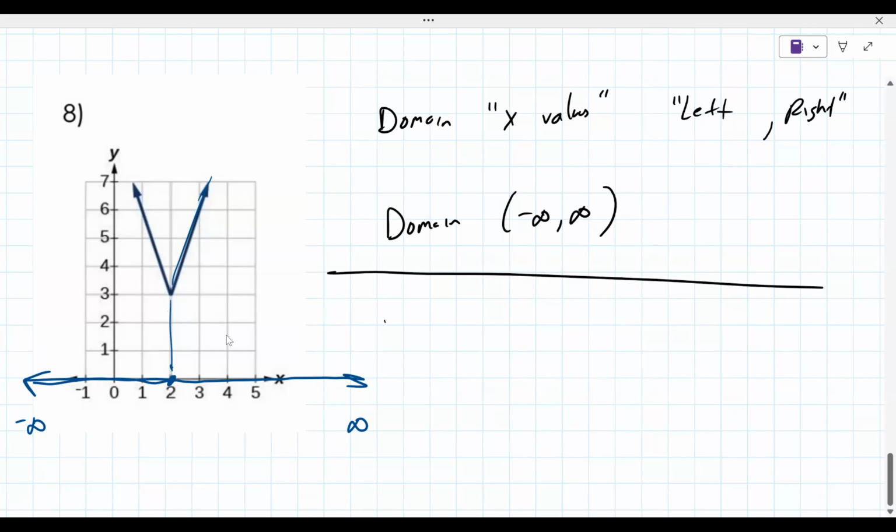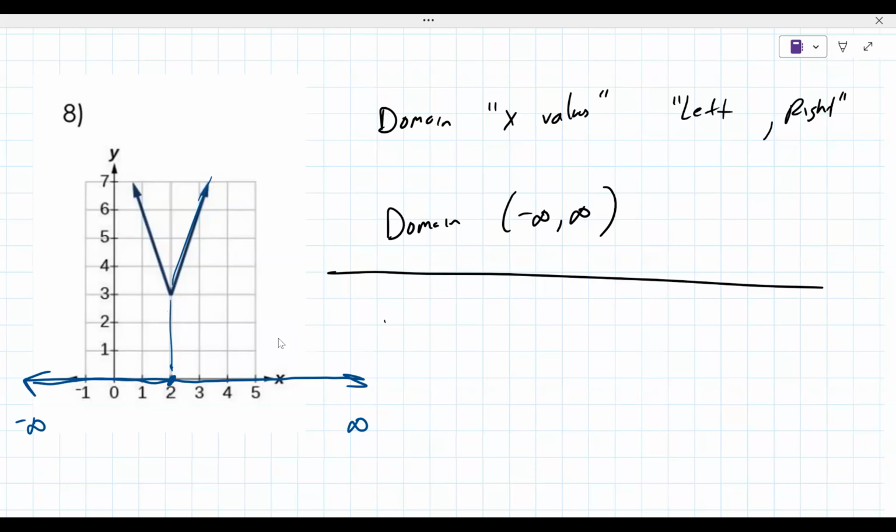Could the breakpoint be, for example, 2, but it doesn't go on forever in one of the directions? Yes, there are lots of exceptions like that.